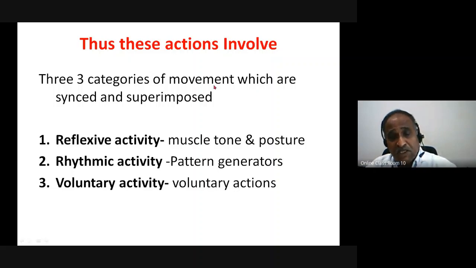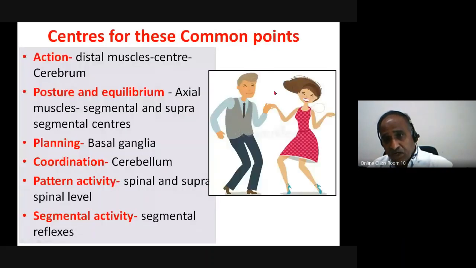Now, going further, these actions involve three categories of movements, and these categories of movements are superimposed. Even if you are looking at here, he is trying to move the limb. So moving the limb involves three categories. One, maintaining the muscle tone and posture. The second, the pattern of rhythmic activity. Third, the movement of the limbs as such.